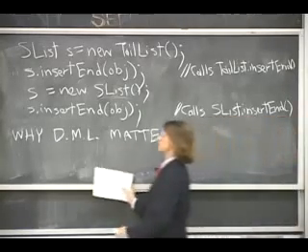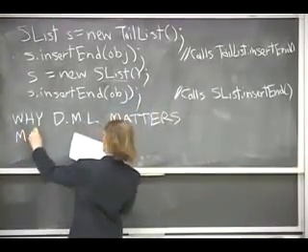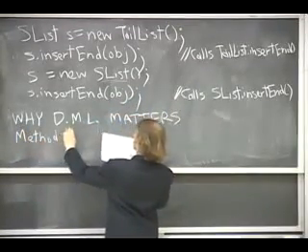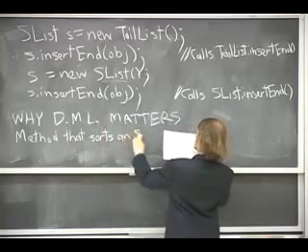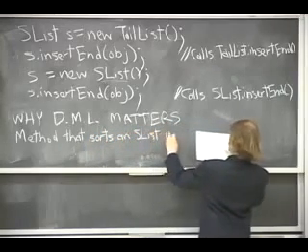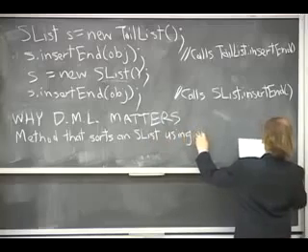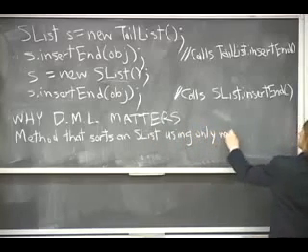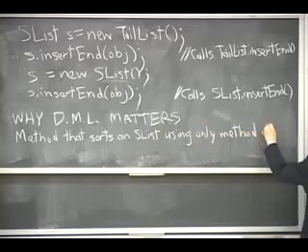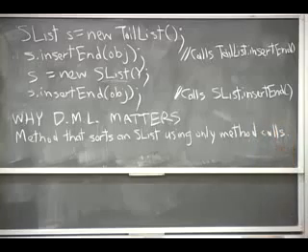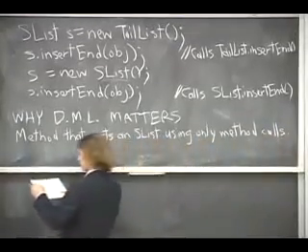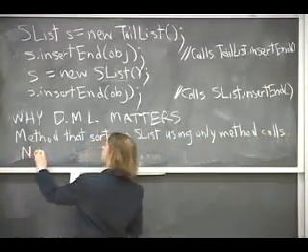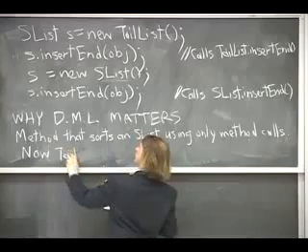One is, suppose you have a method that you wrote that sorts an slist using only method calls, like insertEnd and insertFront and all that stuff. It doesn't try to manipulate the fields of an slist directly. Then your method now sorts tail lists as well with zero additional work.